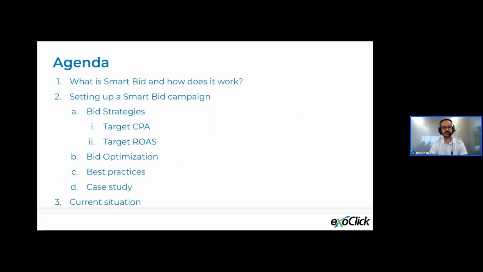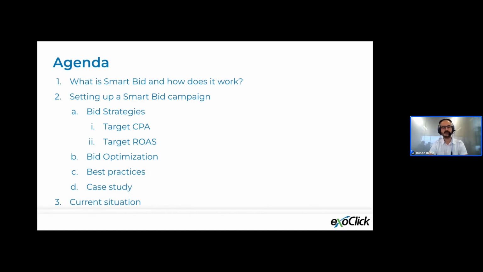Here are the contents of today's webinar. First, we're going to start with a brief introduction of what SmartBid is and how it works. Then we're going to go in detail through the various settings of a SmartBid campaign, focusing on very important settings such as the bid strategies and bid optimization.